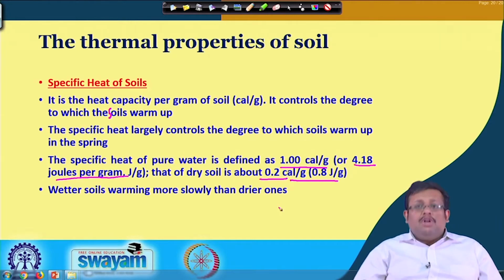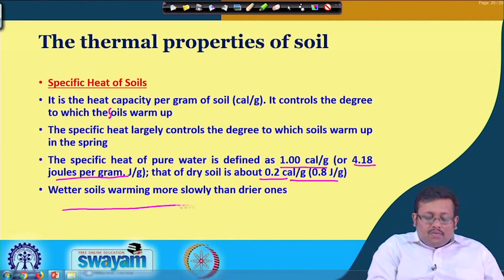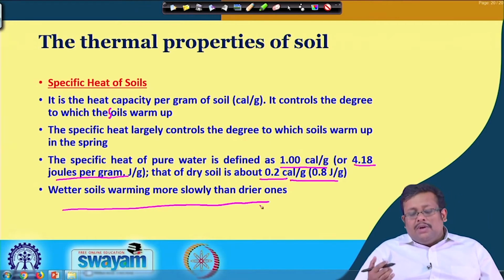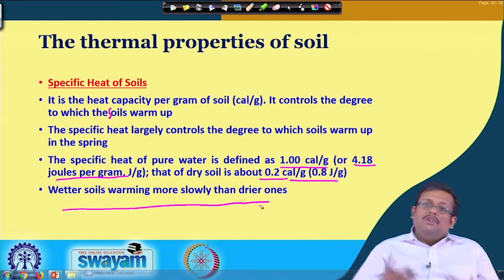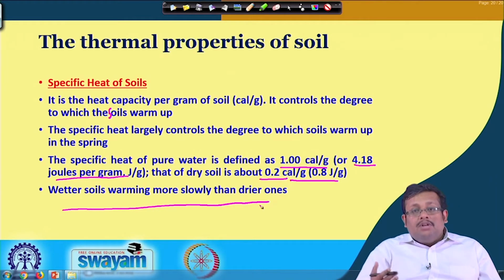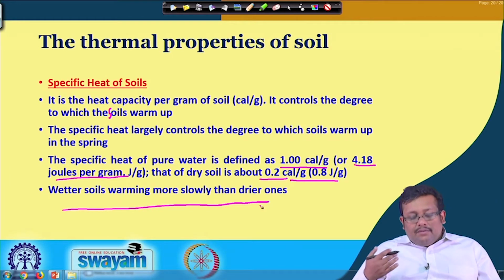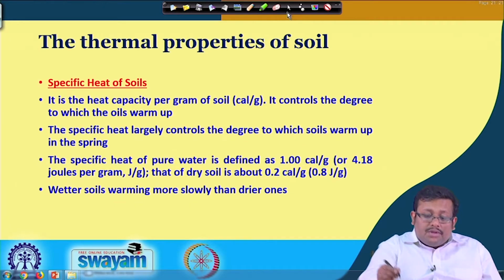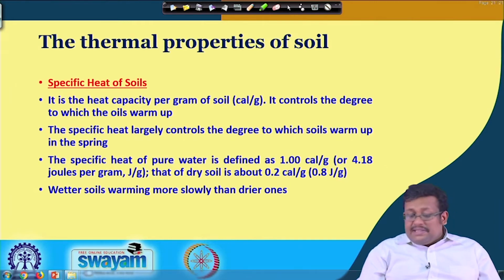As a result, wetter soils warm more slowly than drier soils, because when there is water in the soil, due to high specific heat, more heat is required to raise the temperature, and as a result the dry soil will warm faster than the wet soil. So, this is the specific heat.